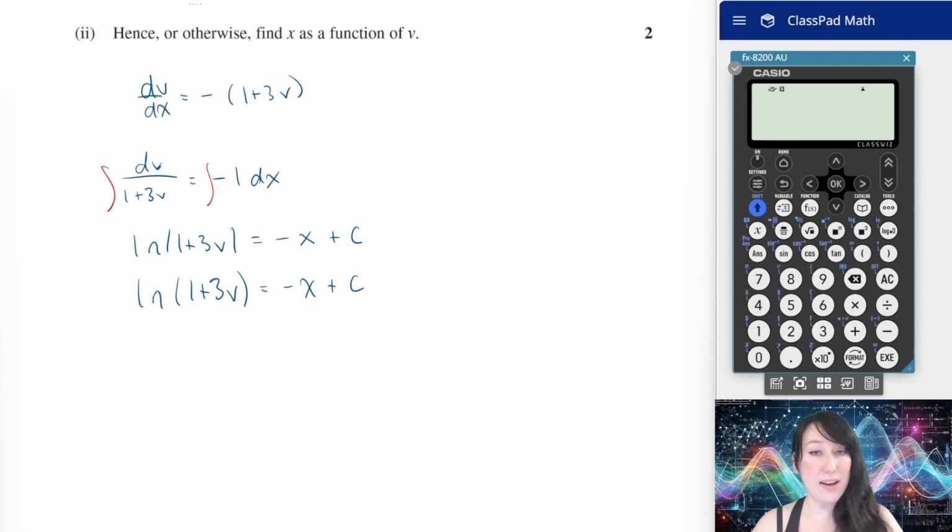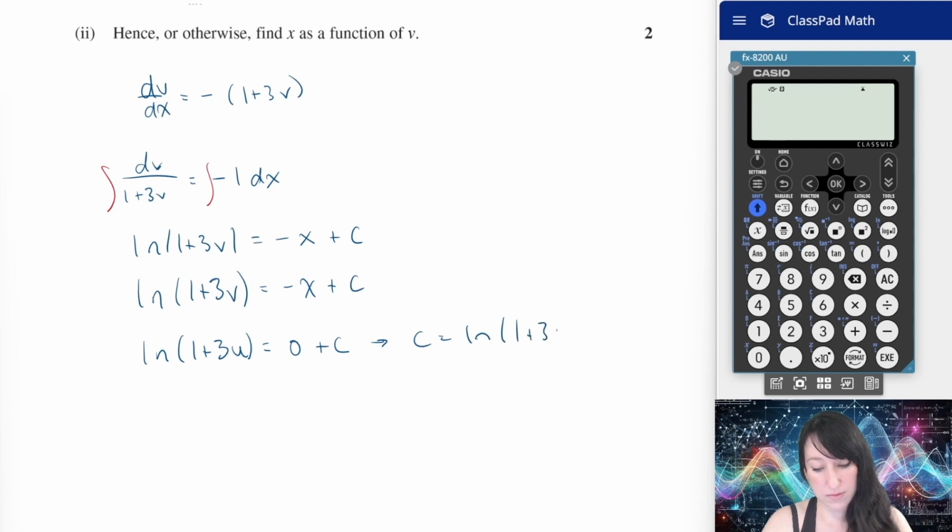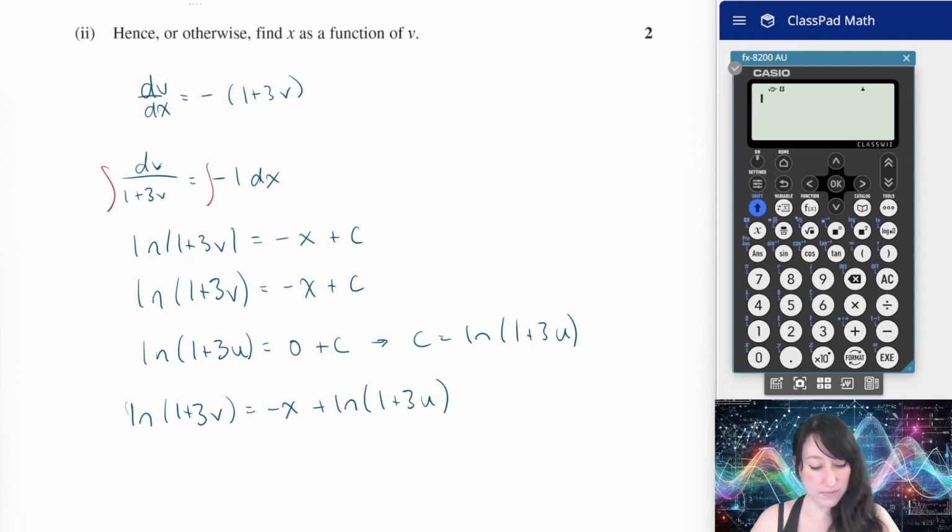Now, we were given that initially the particle is at the origin with a velocity of u. So we have ln of 1 plus 3v equals negative x plus ln of 1 plus 3u.